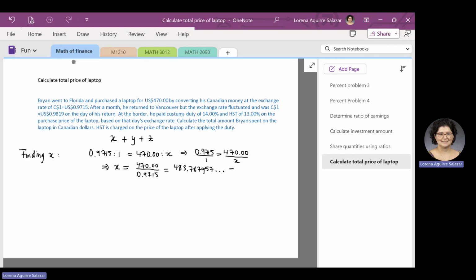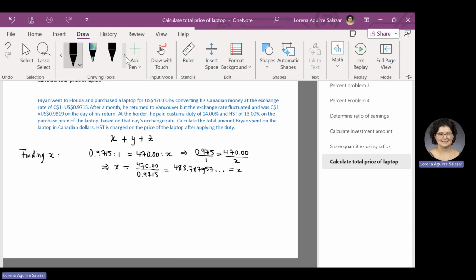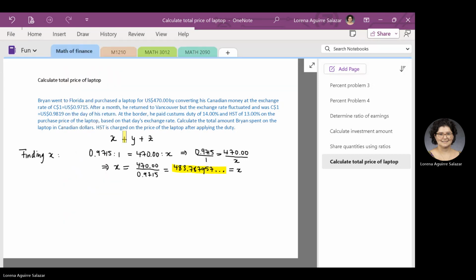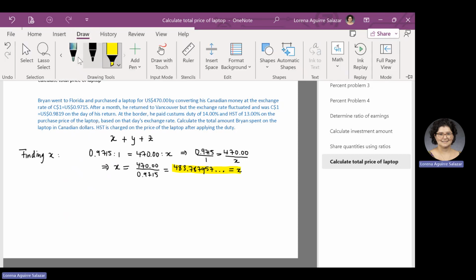This is our X value. Let's highlight that value because we need it later. And let's move on to finding Y.